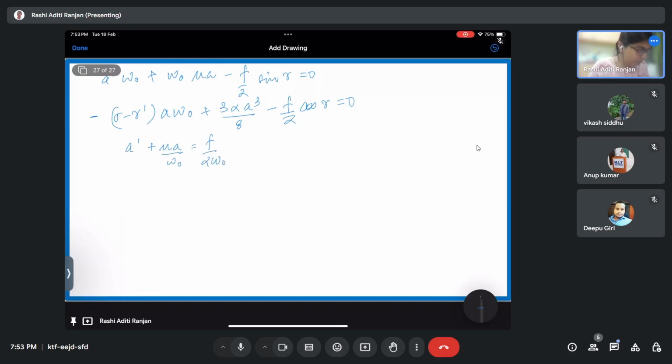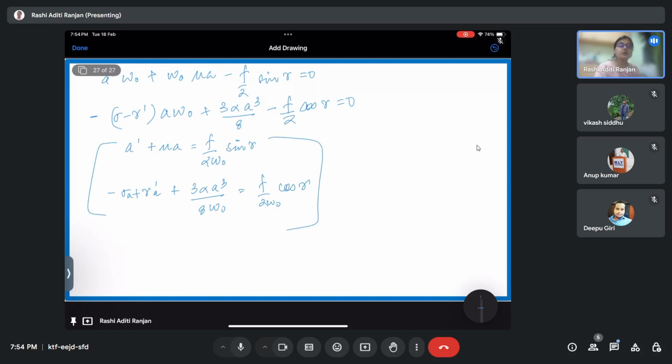And then I have minus of this A plus 3 alpha A cube by 8 omega naught is equals to F by 2 omega naught cos of gamma. These are my two equations, right?